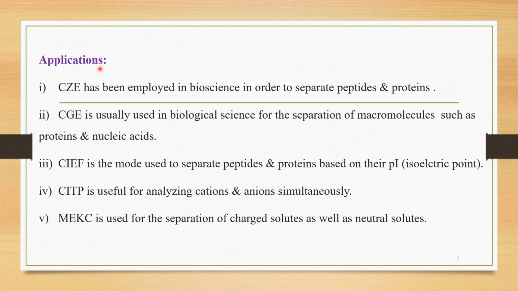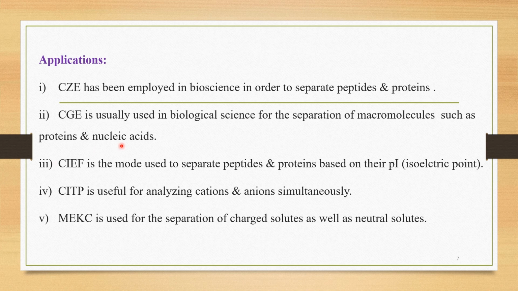Now, what are the important applications of this particular chromatographic technique? The first one is the mode CZE, which has been employed in bioscience in order to separate peptides and proteins. The second important application is that the CGE mode is usually used in biological science for the separation of macromolecules such as proteins and nucleic acids.